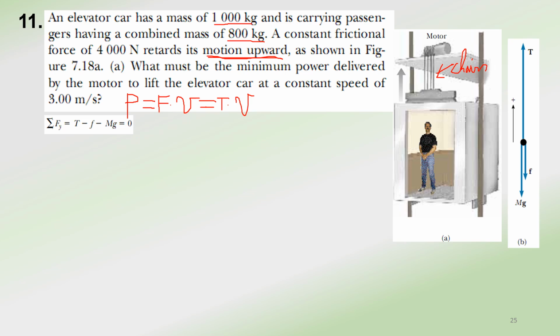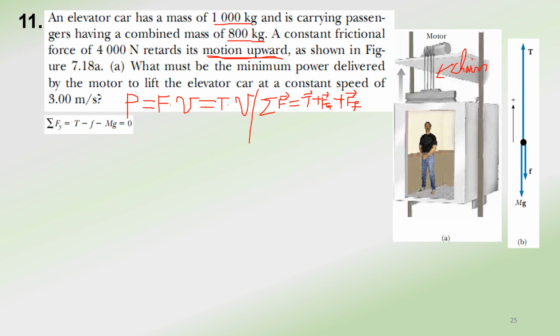The sum of forces acting on the elevator is equal to the tension plus the force of gravity plus the friction force. We have these three forces. Now we are going to project these forces along a y-axis in the direction of motion.